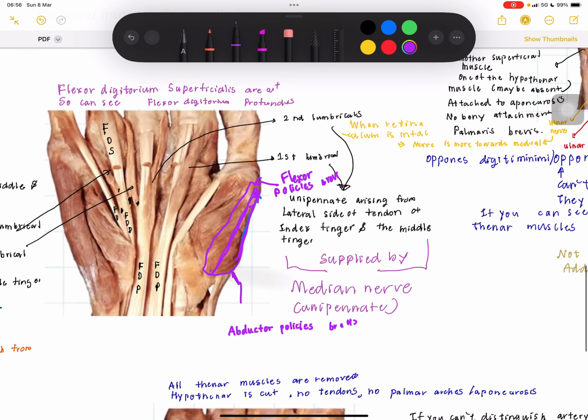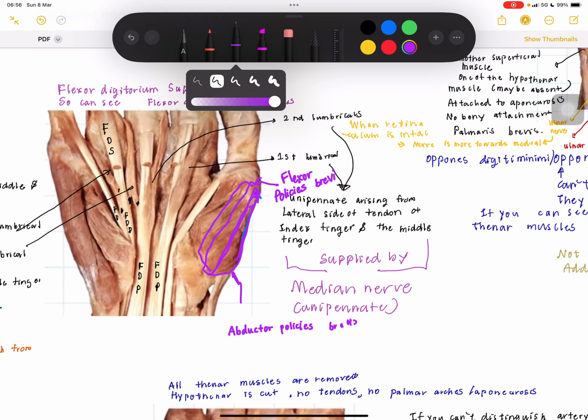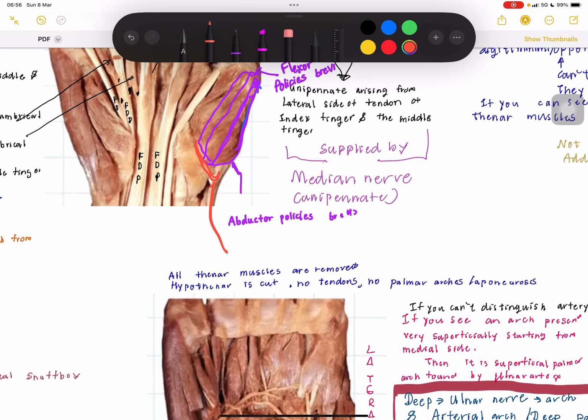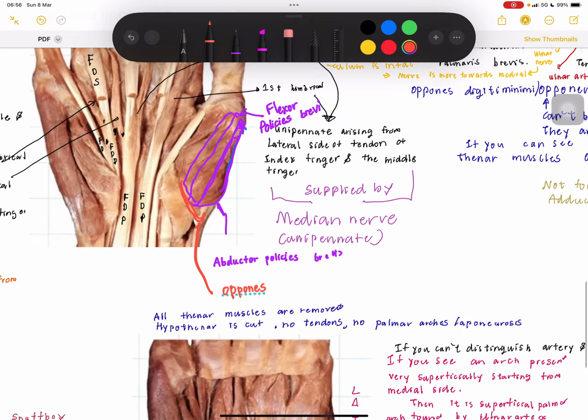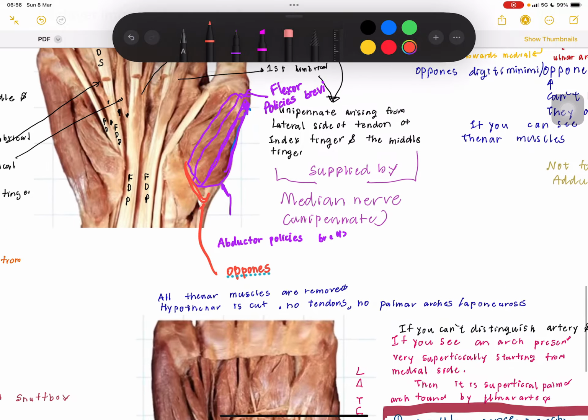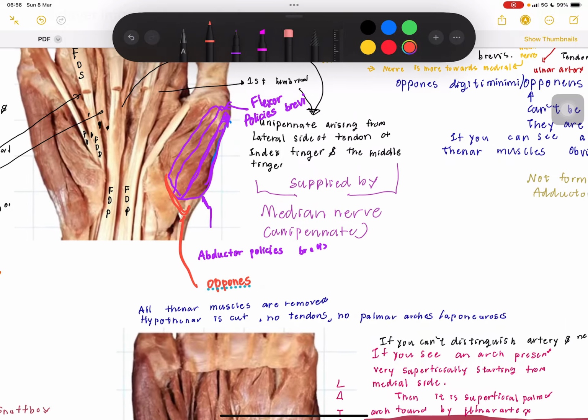And then the muscle that we can't see superficially, but is deeper, is the opponens pollicis. So we have to cut this abductor and flexor pollicis in order to see this opponens pollicis.